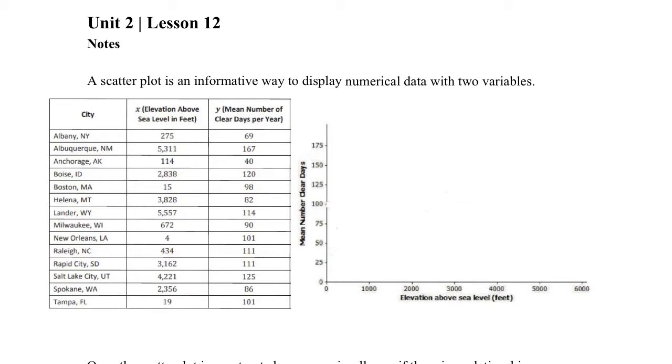So I'm going to find where approximately 275 feet is, and then I'm going to go up to 69 number of days, which is going to put me right about here. And then so on and so forth for the rest, 53, 11, and then 167 clear days is going to be right up in here somewhere. You get the idea. Go ahead and complete the rest.